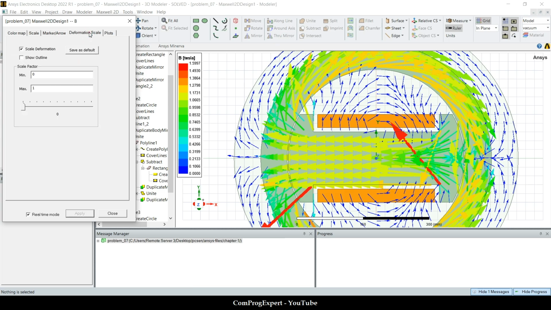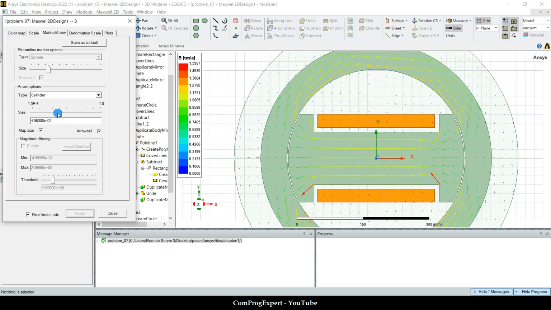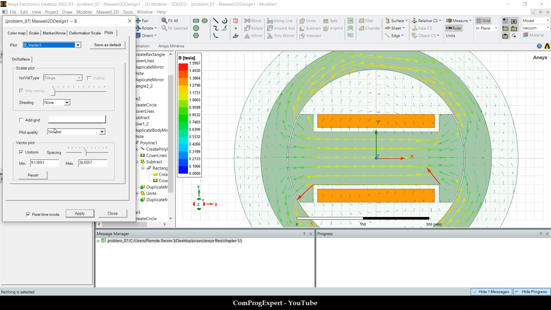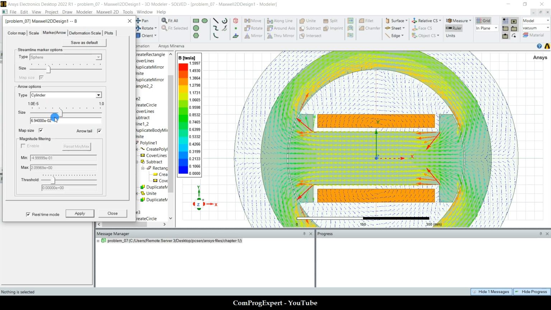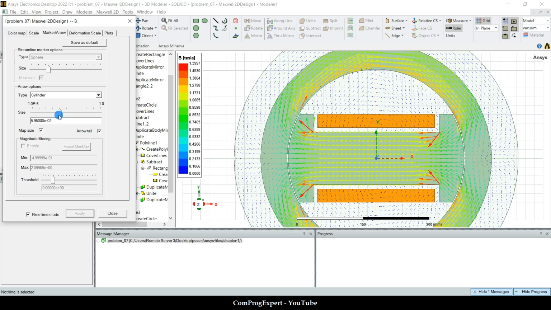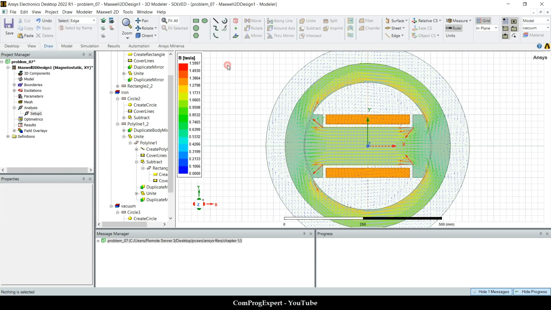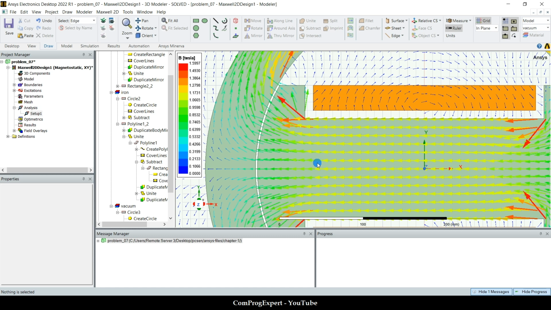And maybe also you can modify the size lower. Yes, this is much better. Reduce the spacing. And again, reduce the size of the vectors. Yes, this is a great graph. You can see the direction of the field.